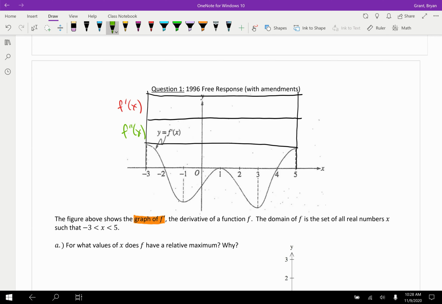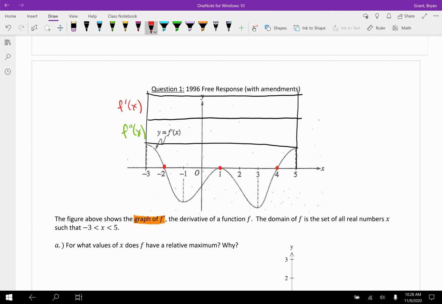All right. Well, let's start with the signs of f prime, because the easiest way to determine where f has relative maxes and mins is to look at what f prime is doing. This is the graph of f prime. Let's start with the critical points. The critical points occur where f prime is 0. A graph is 0 at its zeros, at its x-intercepts.